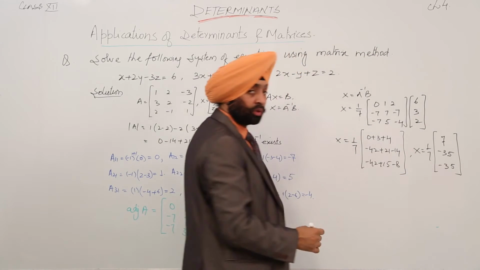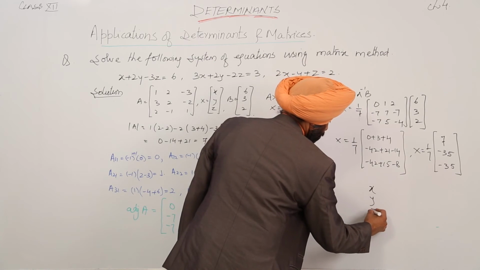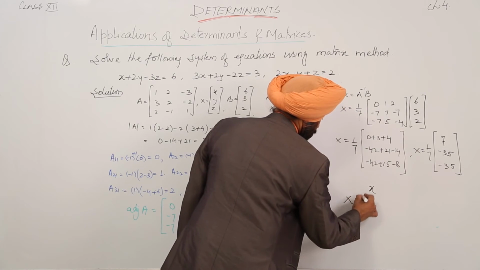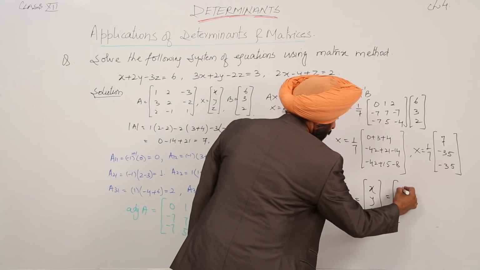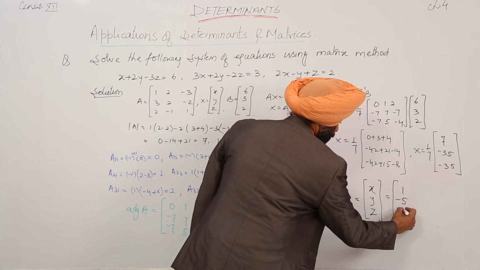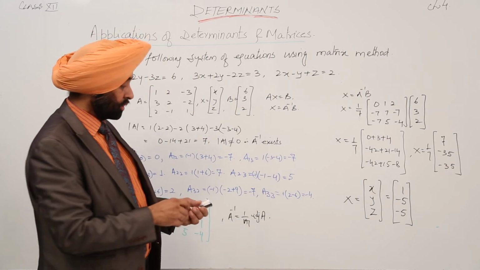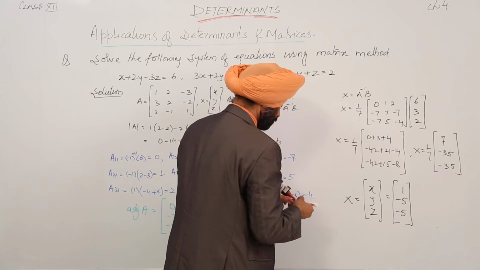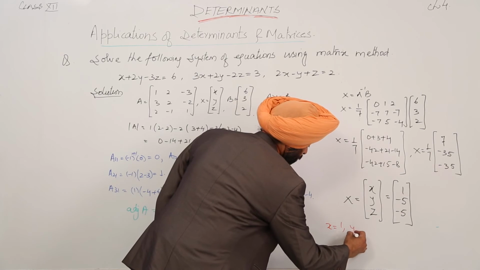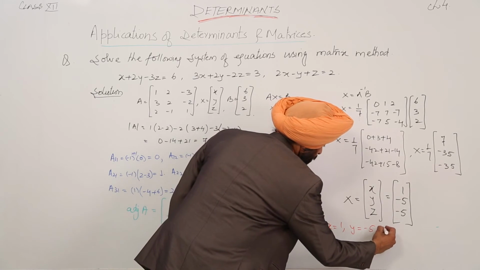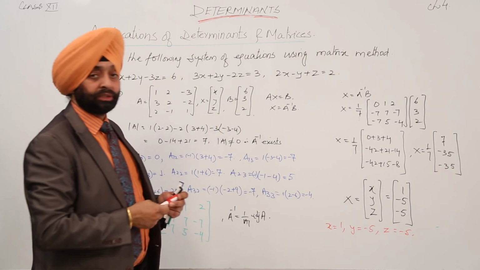So finally, in place of X we write x, y, z, and x, y, z is equal to 1, minus 5, minus 5. So what is the solution? We are having x is equal to 1, y is equal to minus 5 and z is equal to minus 5. Okay, so finally this is the answer.